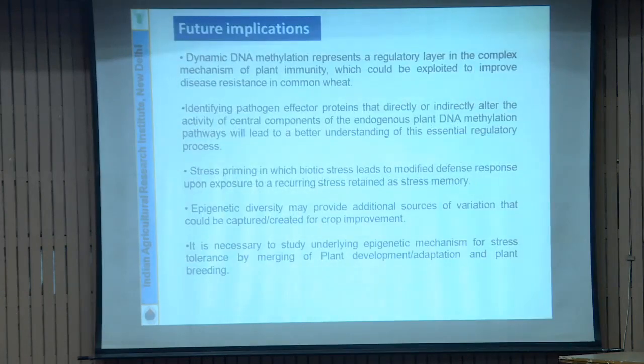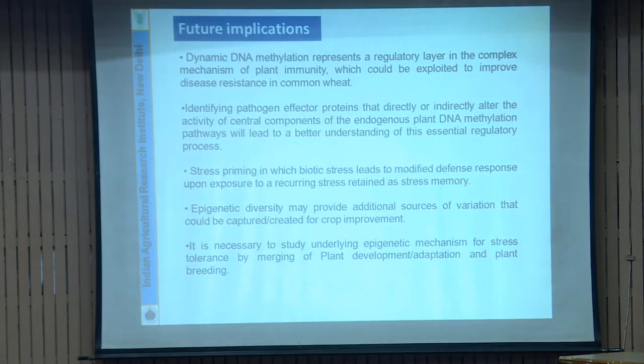So now I come to the conclusion: what could be the future implications of these epigenetic changes? These DNA methylation patterns represent a very important regulatory layer of plant immunity. So they can be exploited more in order to improve disease resistance in plants.